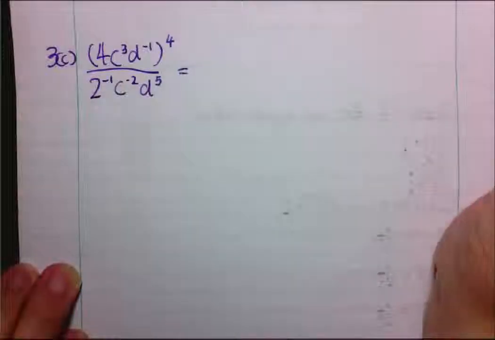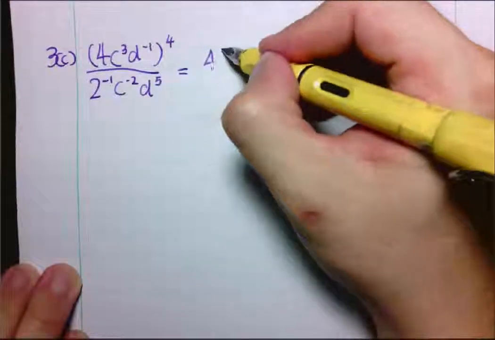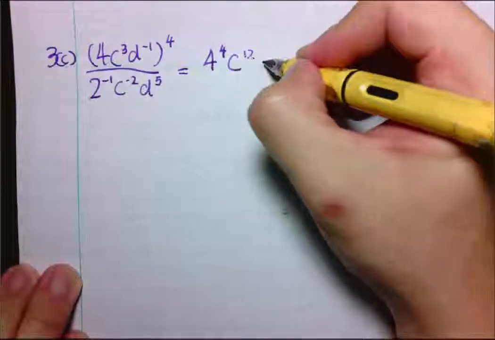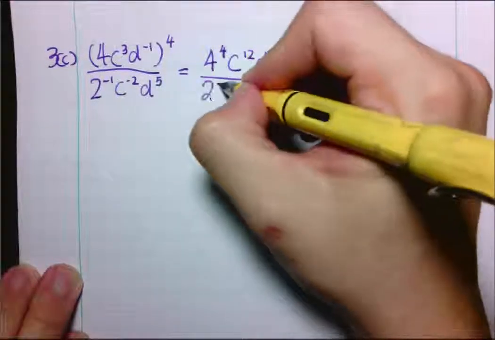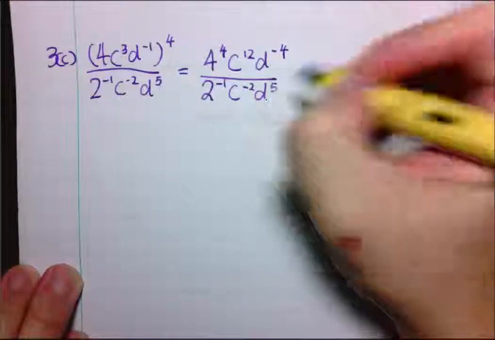Okay, let's just approach this slowly. When you open up the brackets here, you get 4 to the power of 4, c to the power of 3 times 4 gives you 12, and d to the power of negative 4, over 2 to the power of negative 1, c to the power of negative 2, d to the power of 5.